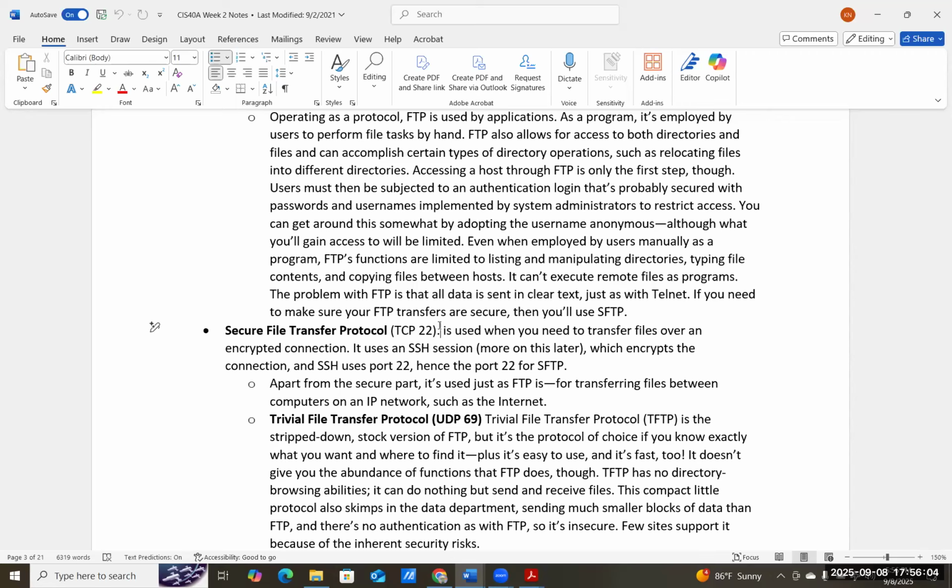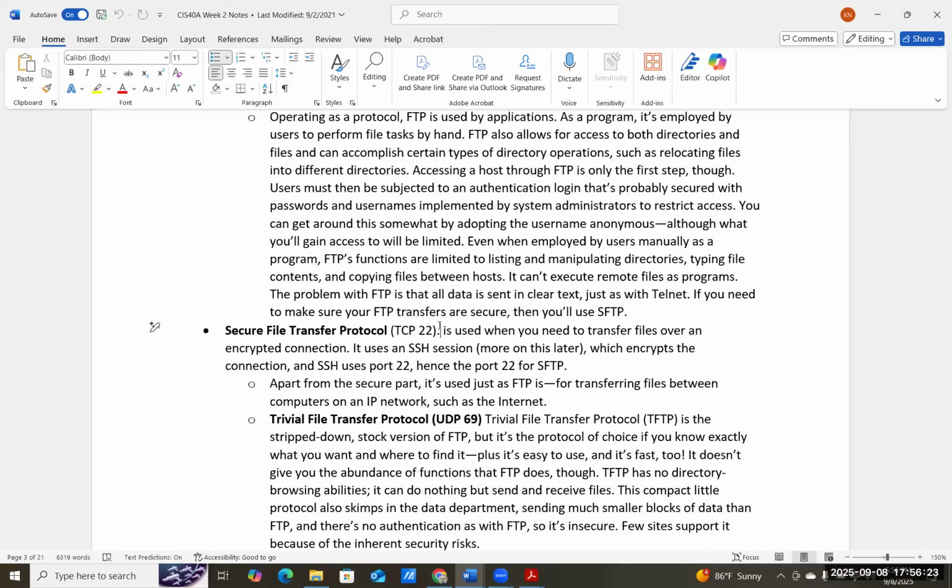So for example, I have a Raspberry Pi and a laptop, and I want to connect the laptop to my Raspberry Pi so I can create some cool programs with my Pi. I would use SSH, and SSH also uses port 22.